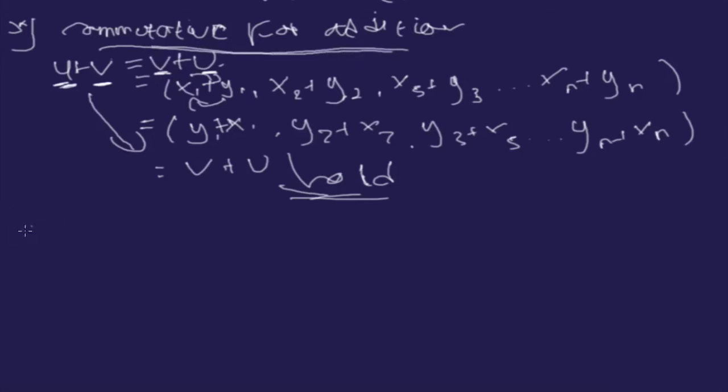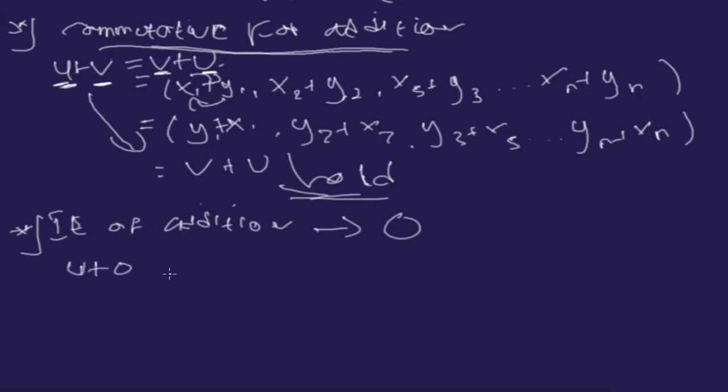Okay, next we will prove the existence of the identity element for addition. What is the identity element for addition? It is 0. So u plus 0 has to be 0 plus u, and it will be u.